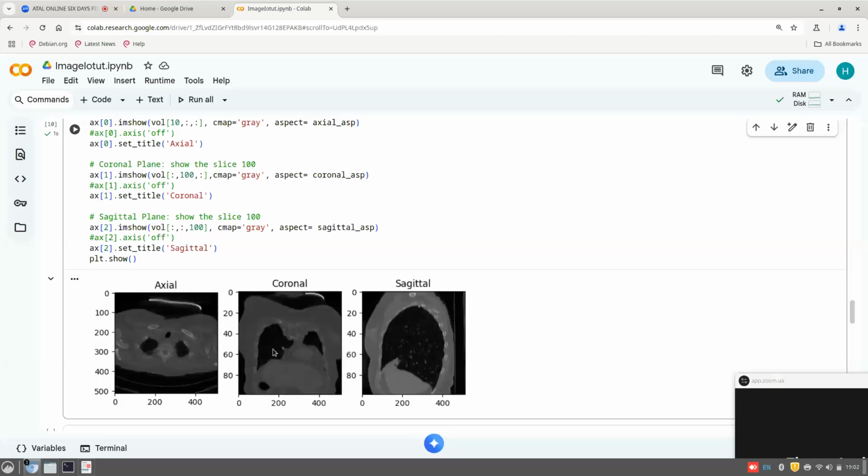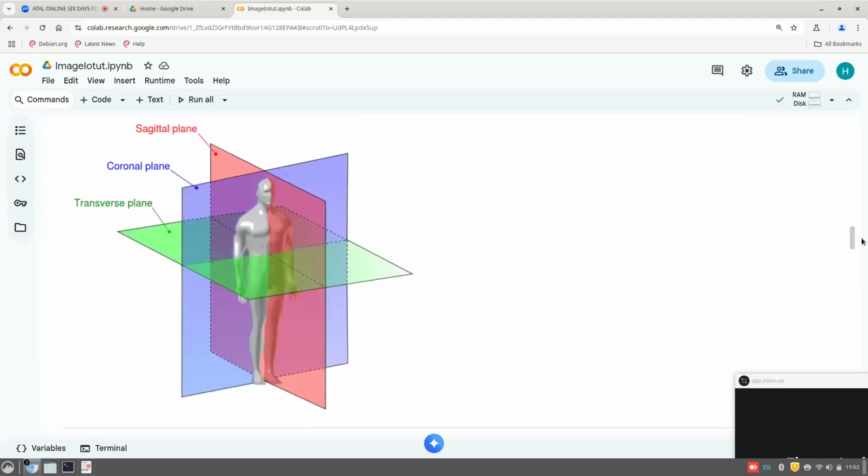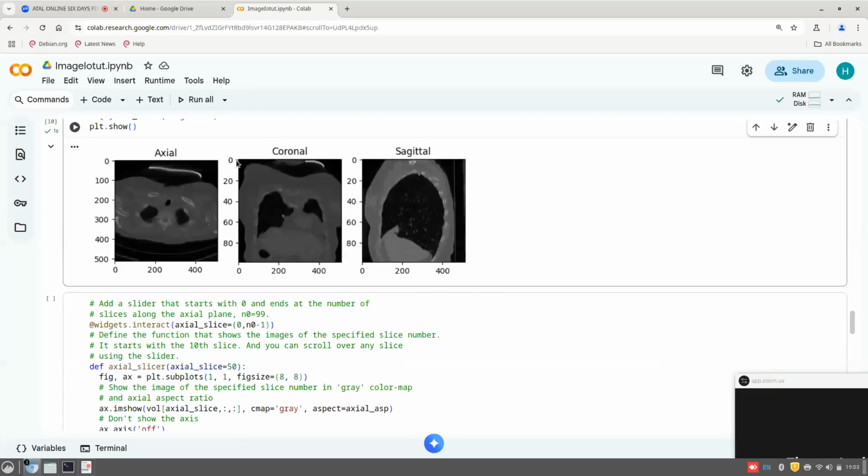So I think you can now visualize why this shape is, because sagittal plane and coronal plane are slices along this plane and this plane. That's why you see a different type of image in coronal and sagittal plane.